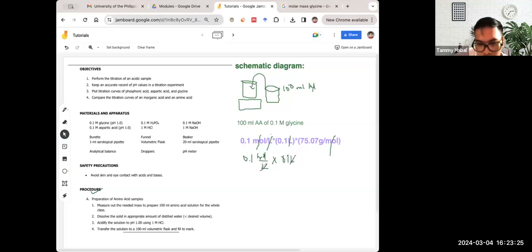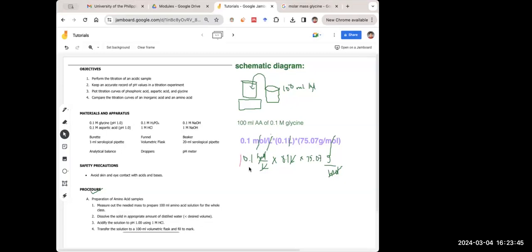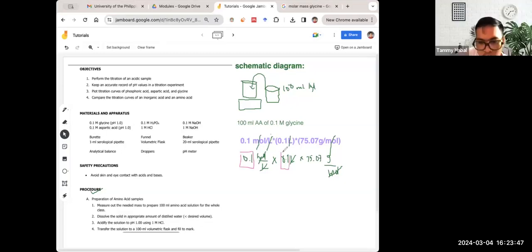This will cancel out. Multiply by 75.07 grams per mole. Since you have your mole below, this will cancel out. So, anong matitira? We have 0.1 times 0.1 times 75.07.